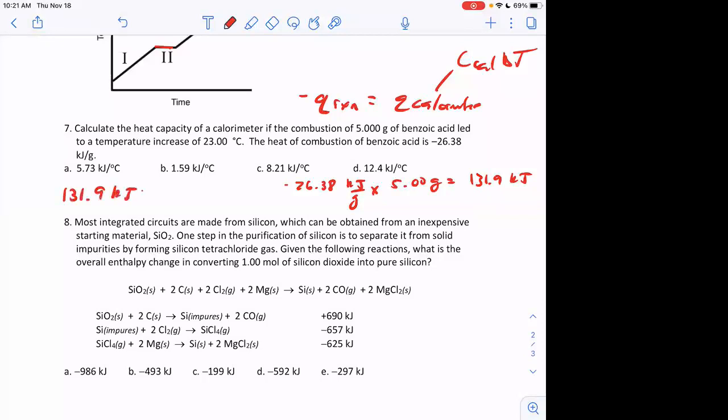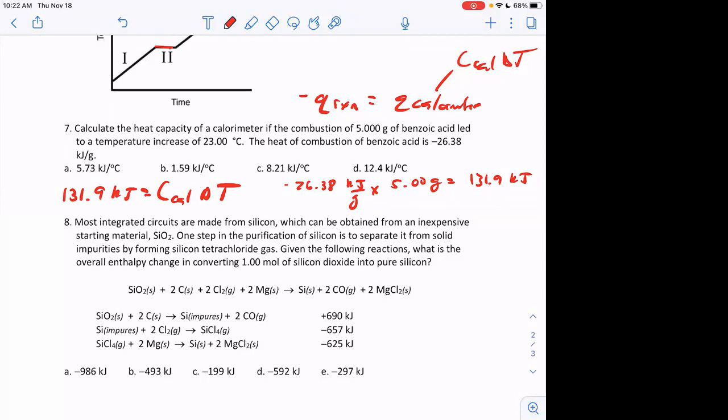131.9 kilojoules is equal to the C cal delta T. I don't worry about the signs once again. The C cal, the heat capacity, has to be positive. So divide by your change in temperature, you have your answer. What is our change in temperature? 23 degrees.